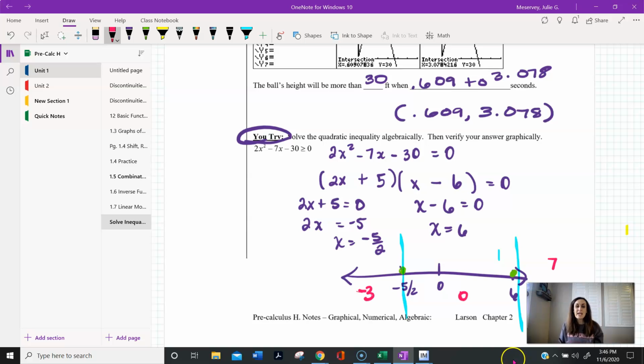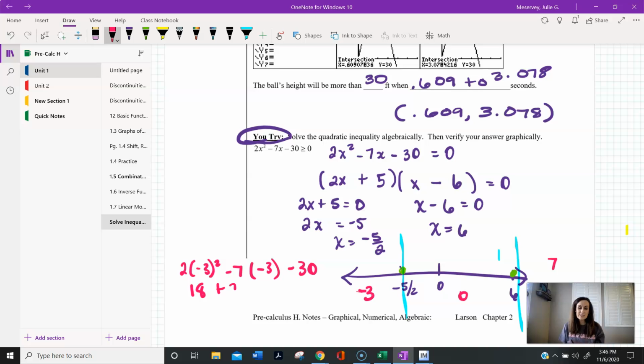All right. And so you're going to test those numbers in this function. And when you do that, you're looking for numbers that are positive because this is greater than or equal to 0. So 2 times -3 squared subtract 7 times -3 subtract 30. -3 squared is 9, and 9 times 2 is 18.